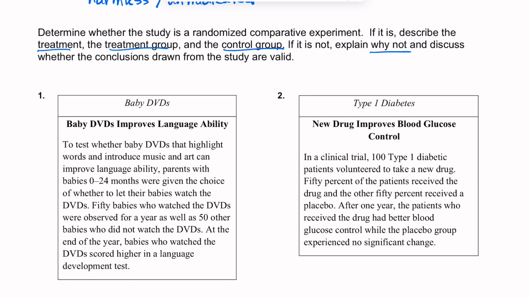It's not randomized. Because the parents were given a choice as to which group they were going into. Because parents chose which group.